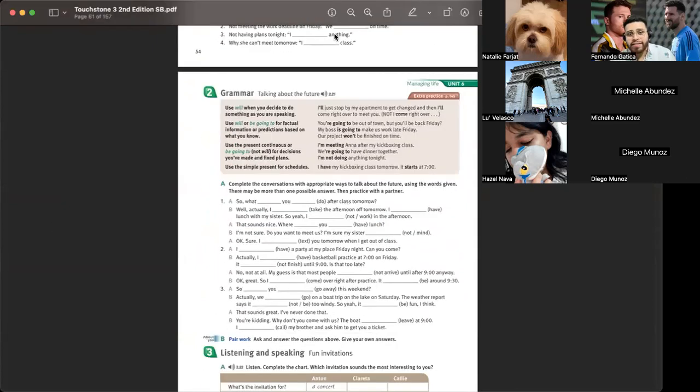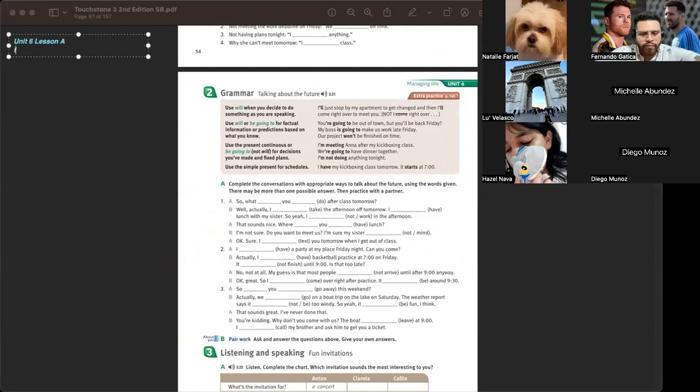All right, unit 6. Look, in this unit 6, lesson A, we talked about future with will, going to, and the present continuous.